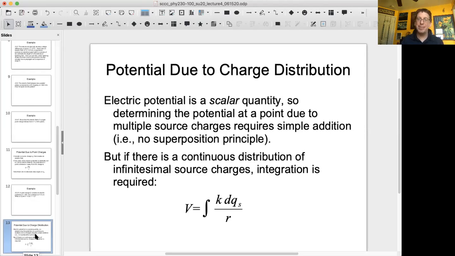You're just adding the potential from each individual charge together. And so it's a little bit simpler to work with potential than it is to work with electric fields.